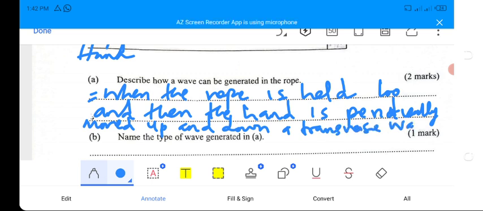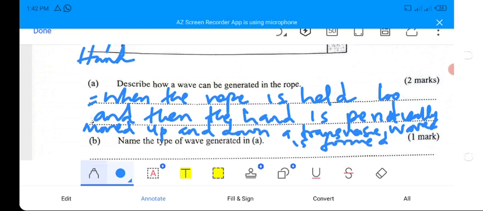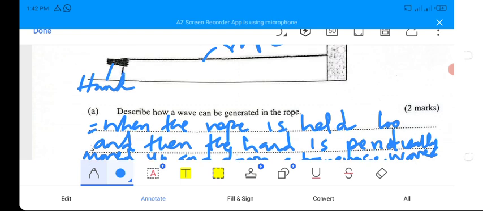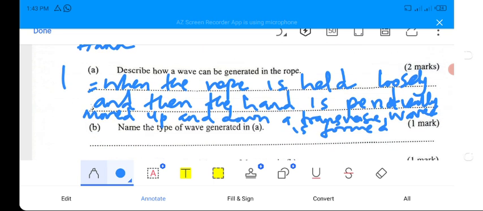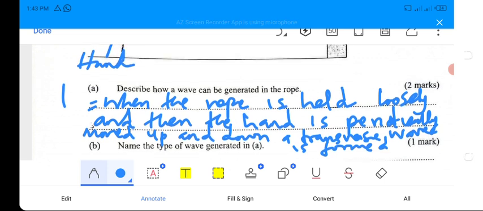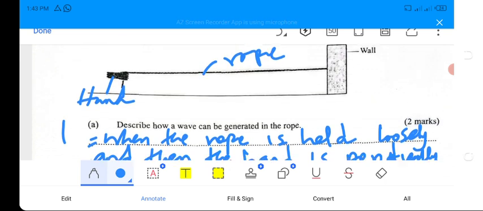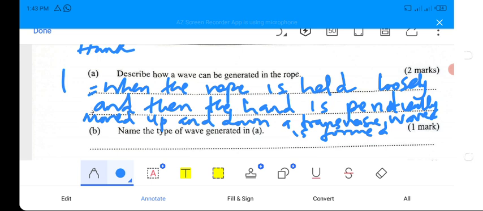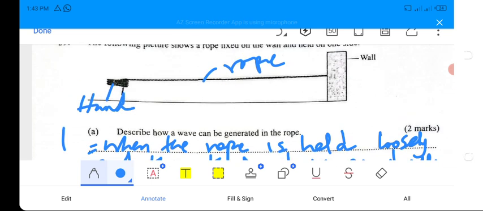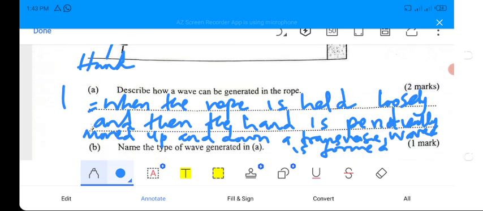When the rope is held loosely, then the hand is periodically moved up and down, a transverse wave is formed. That's how the wave can be generated.